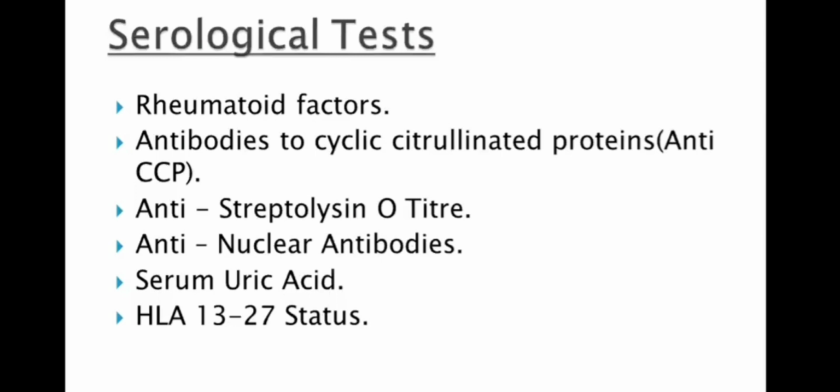And another most important rheumatological or connective tissue condition is sclerosis or systemic sclerosis. Systemic sclerosis also can be diagnosed from the profile of anti-nuclear antibody.